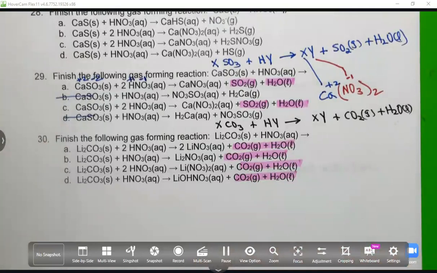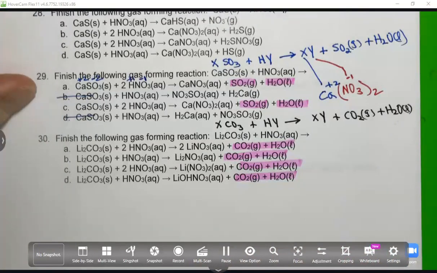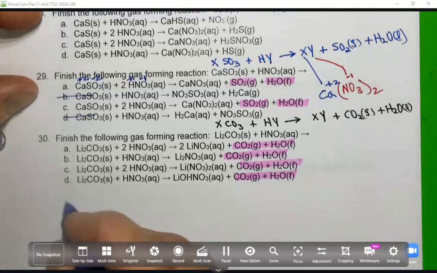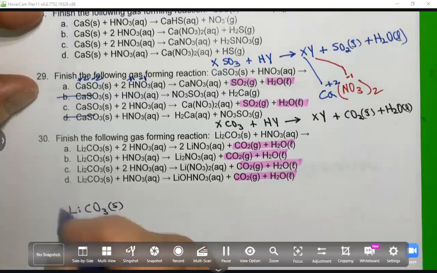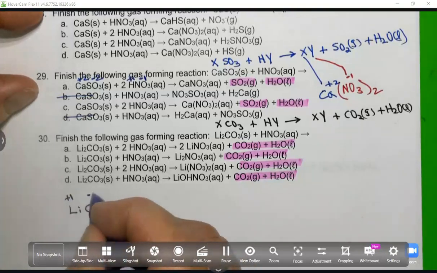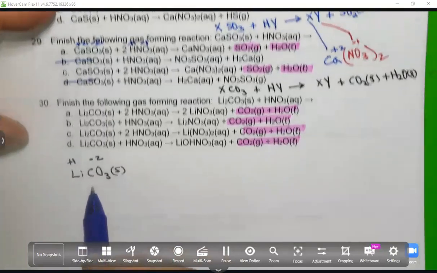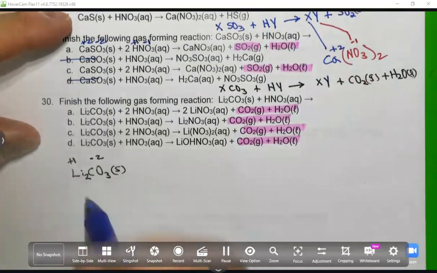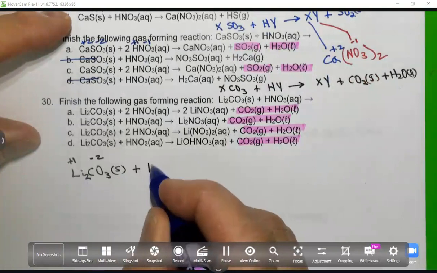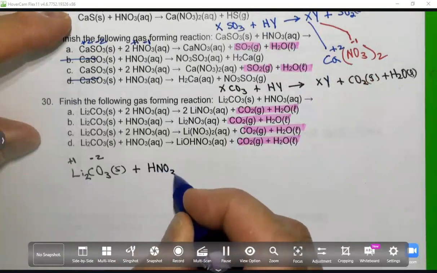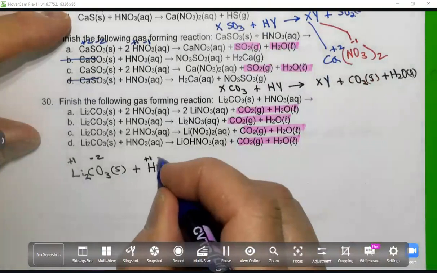Those 4 match up, CO2 plus H2O liquid. So let's see what we've got here. Plus 1 and minus 2, lithium carbonate, plus 1 and minus 2. So that's why we have Li2CO3. Plus 1 and minus 1.